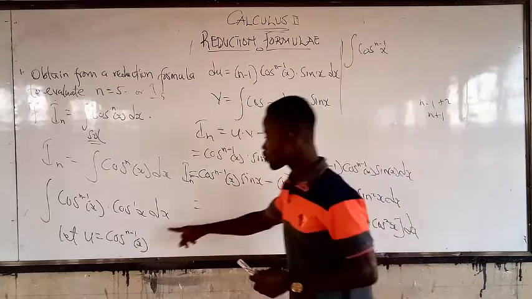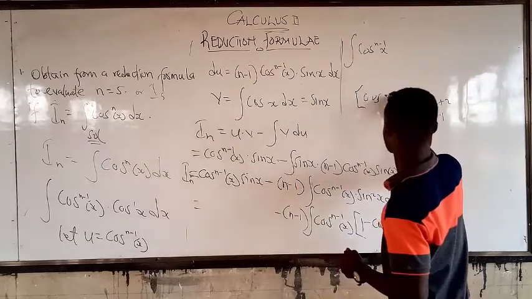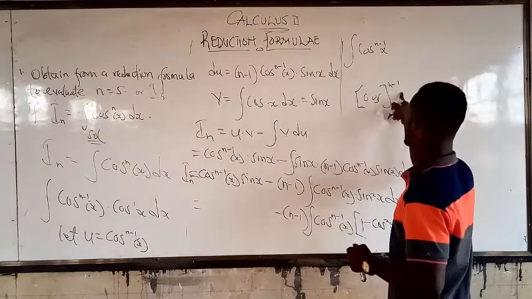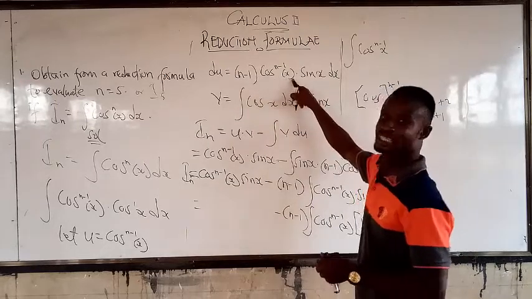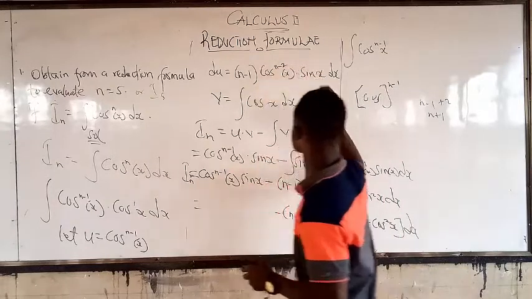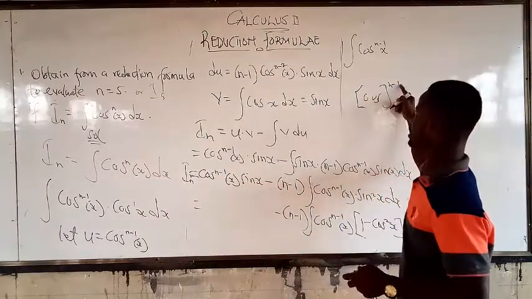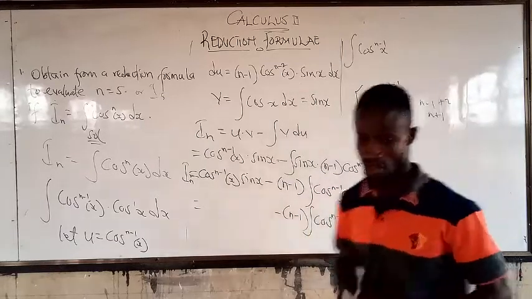So the power is like this, cos, n minus 1. So this multiplies the whole of this. Then you subtract 1 from the power, so here will be minus 2. Then you differentiate the inside, then you get this.